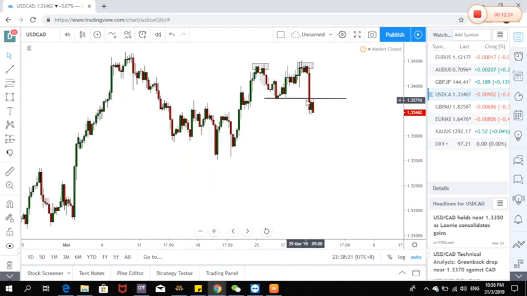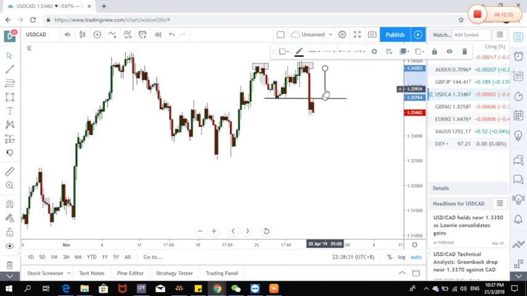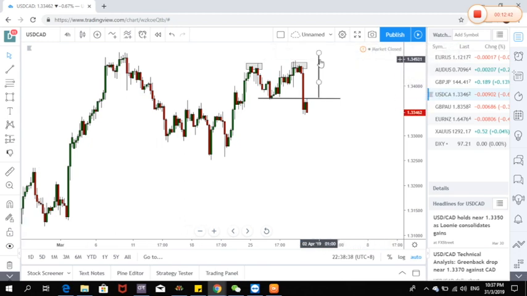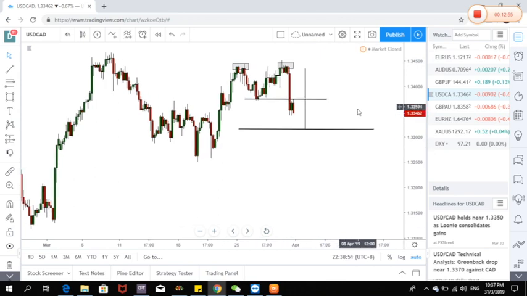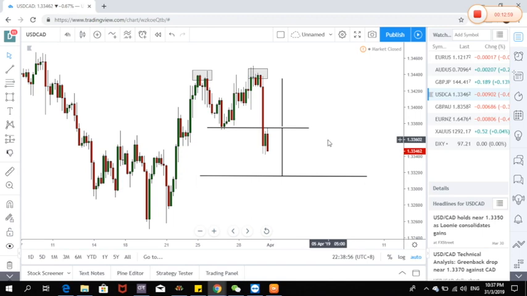So what we can assume here is, measuring from the neckline to the top, we can see how far this price can go after the breakout. So we can assume that the price still has almost around 40 pips to continue the downfall.